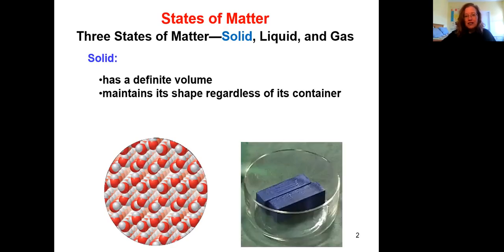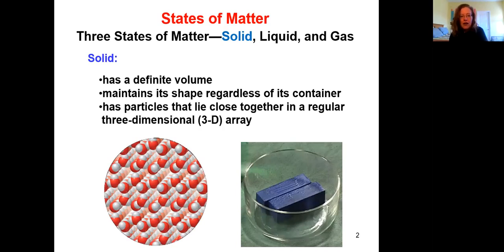If I stick them in a container, they maintain their shape no matter what type of container they're in. Their particles are really close together, and they tend to form very concrete three-dimensional arrays, maybe like a lattice or individual cubes.